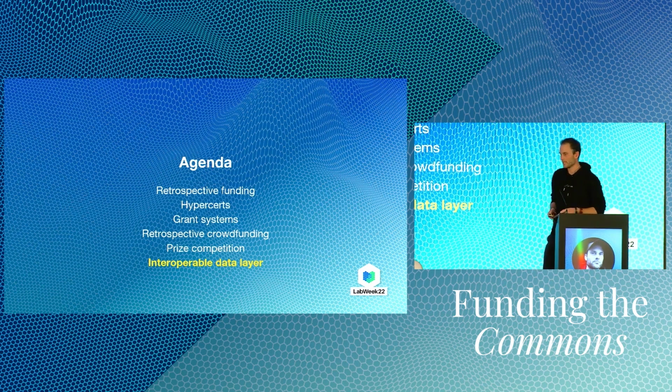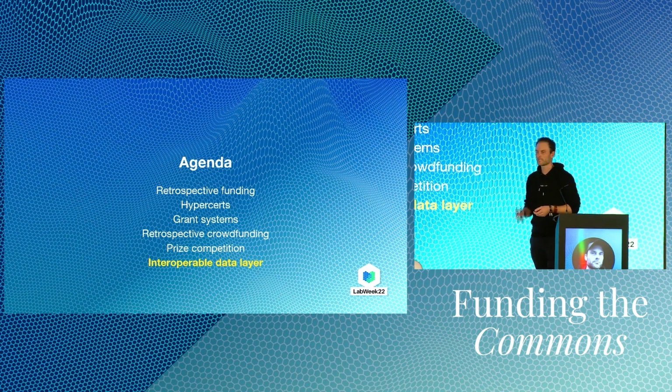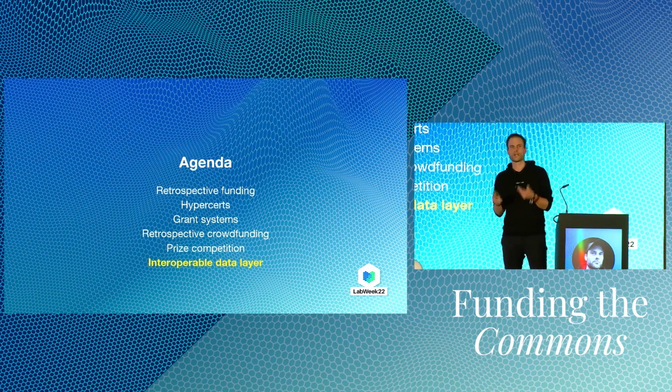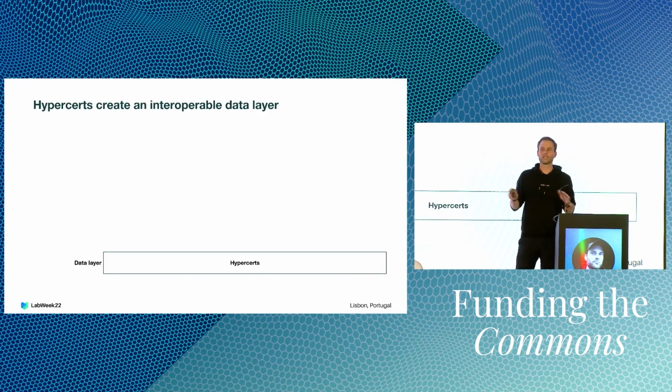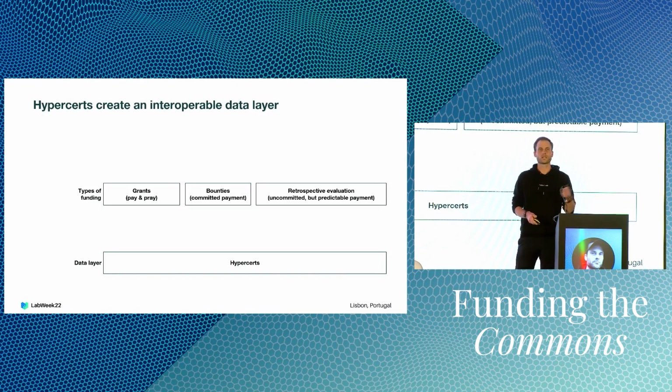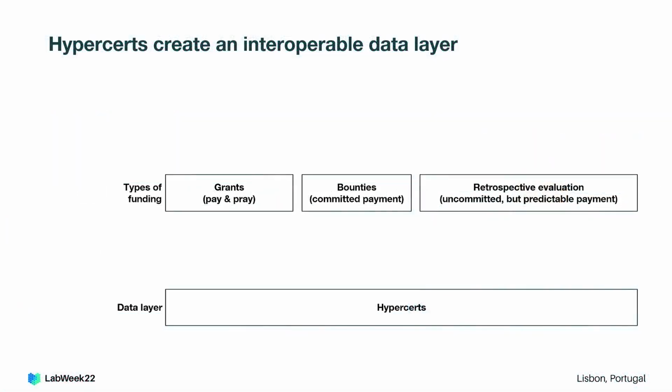Just to conclude, what do we actually mean by creating an interoperable data layer with hypercerts? It is this data layer where we think different types of funding can work together. I explained a little bit how grants and retrospective funding work together with hypercerts, which connect the data between them so that grants and retrospective funding can operate together.